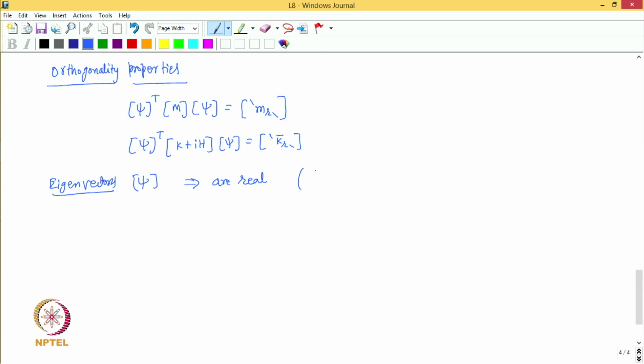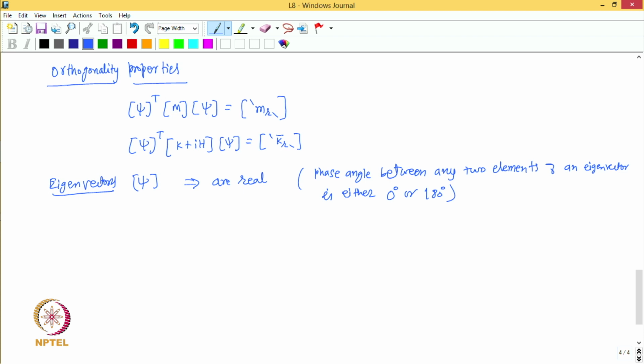So, that basically is the test to check whether the eigenvector is real or not.